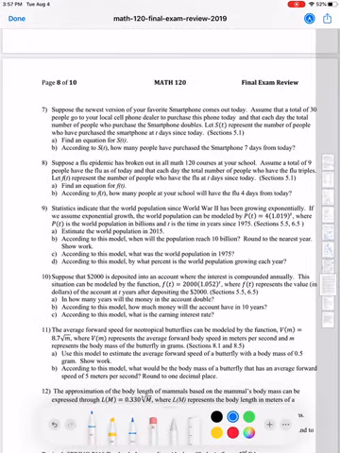All right, number 7 and 8 are similar. If we try one of these, it should be fine. S of t. Suppose the newest version of your favorite smartphone comes out today. Assume that a total of 30 people go to your local cell phone dealer to purchase this phone today.